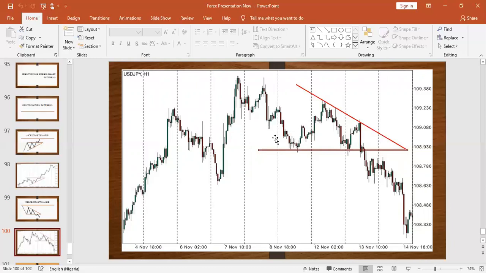It's important I mention that you can find these formations in all time frames, basically between medium and higher time frames. You can find them in H1, H4, and also in the daily time frame. So go to US dollar against the Canadian dollar on the daily time frame. You will see a descending triangle formation forming.